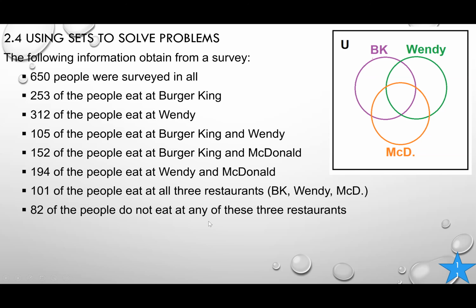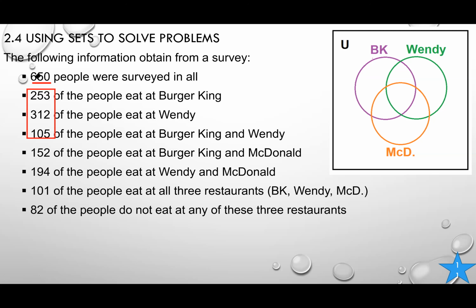Looking at this, do not just jump in and fill in the numbers. Don't just add the numbers, because remember our total is only 650. If you just add these 3, it's more than 600 already. So you cannot just add the numbers into your Venn diagram.